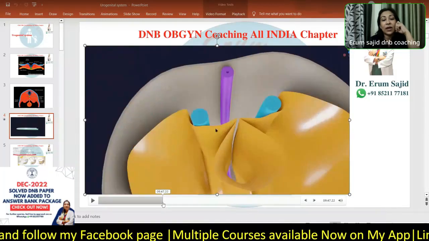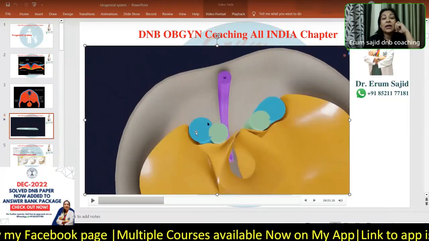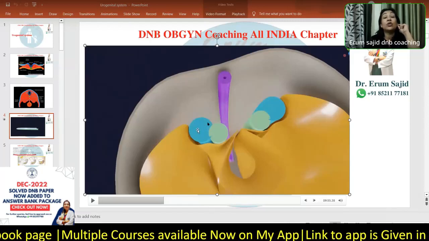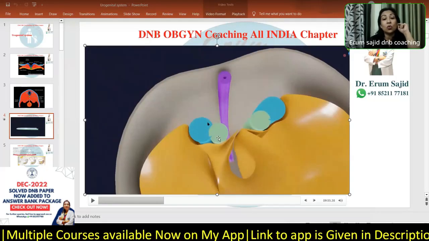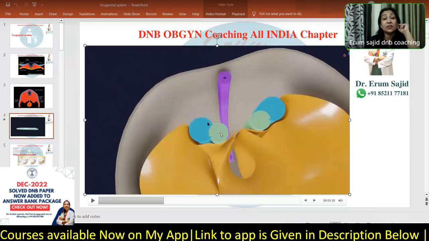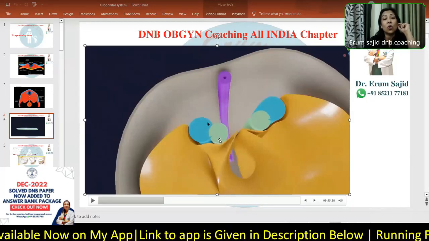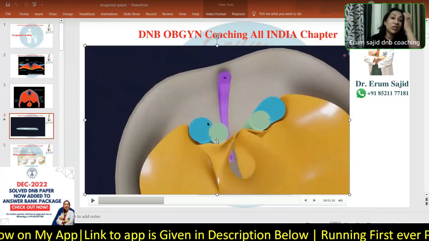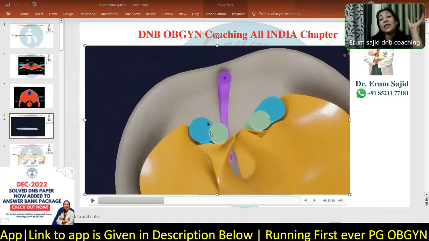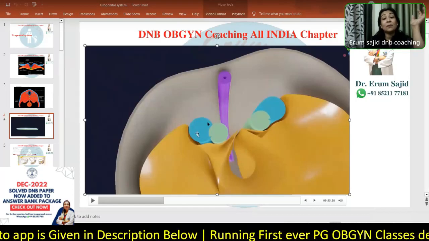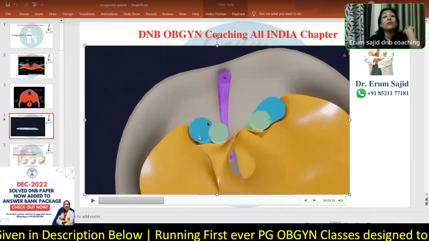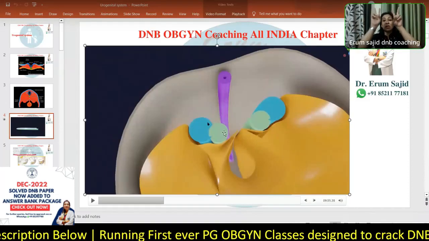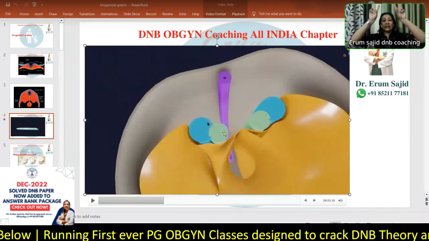Now I'll tell you what happens here. This nephrogenic cord now gives rise to this part, which is called the gonadal ridge, or the gonadal cord, or the genital cord. It's a part of the mesoderm only, and it's emanating from the nephrogenic cord. So now you have in the axis two long cords like this.